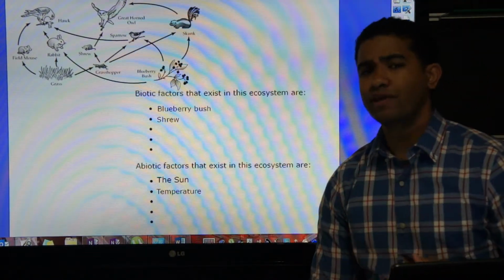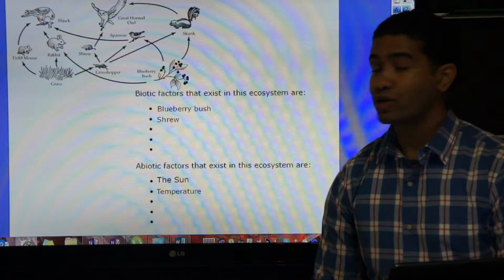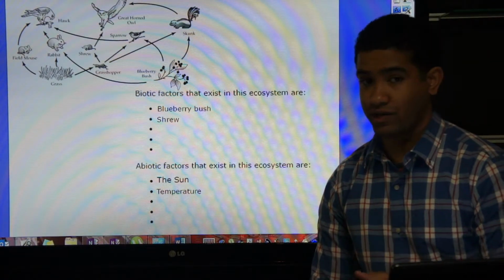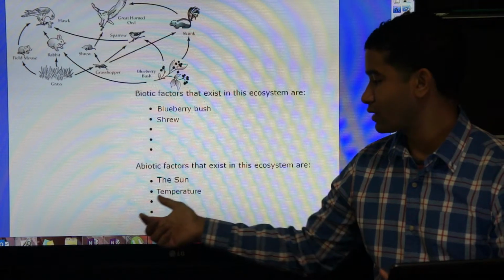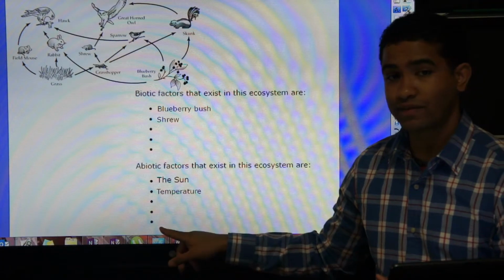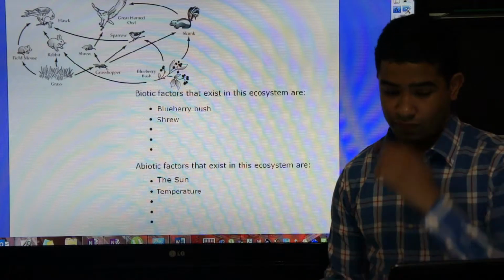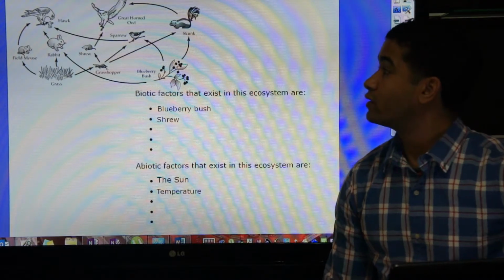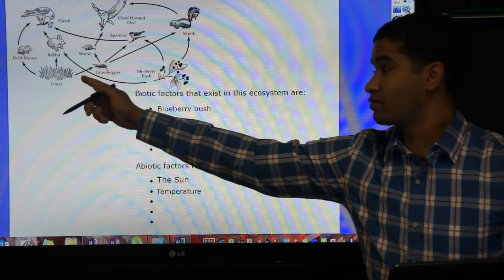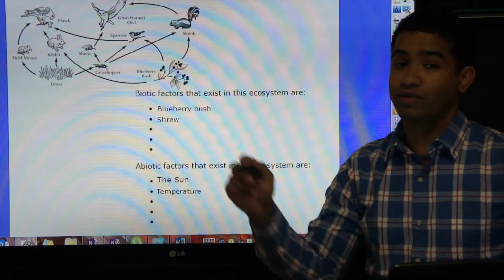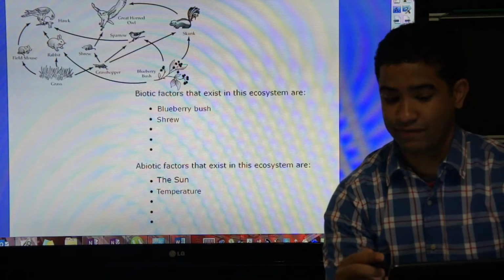So you're going to have to use a little bit of your imagination and also look at the list of abiotic factors in your notes to fill in the rest of them. Sun, the sunlight, temperature. So fill in the rest of these from information from your notes and just thinking what else these animals need, and plants need for survival that are not living.